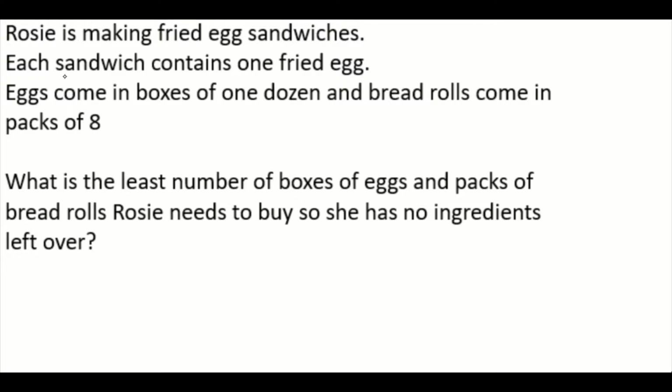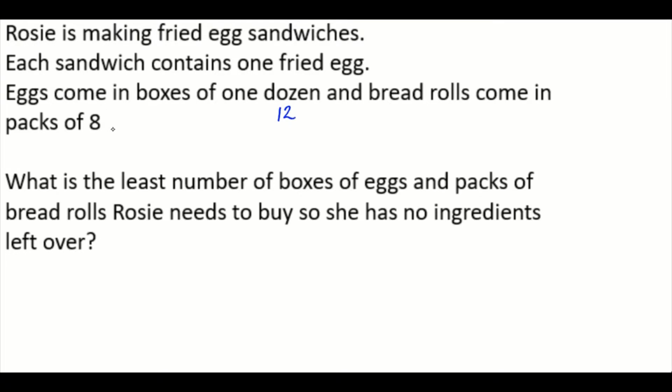So we need to make some sandwiches, and each bread roll needs to have an egg in it, but the bread rolls come in packs of 8 and the eggs come in boxes of 1 dozen, which is 12. So we need to know, if we want none left over, how many of each product we need.